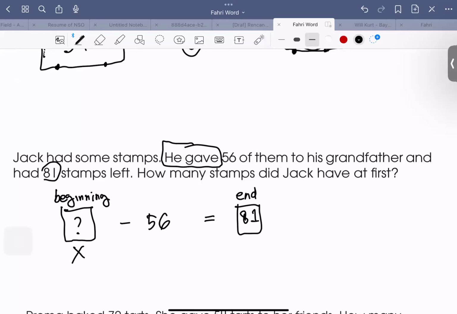That's why you need an addition between 81 and 56. So it will be equal to 137. So Jake in the beginning, at first, had 137 stamps.